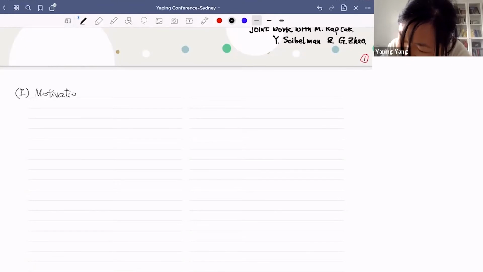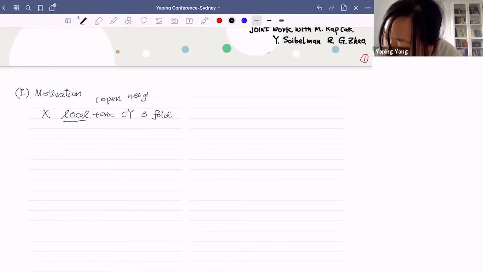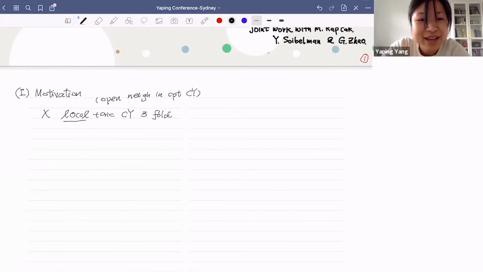So I want to start with the motivation of my talk. For the setup, I'm taking X to be a local toric Calabi-Yau threefold. By local, I mean it's an open neighborhood in a compact Calabi-Yau. So in particular, X itself is not compact.